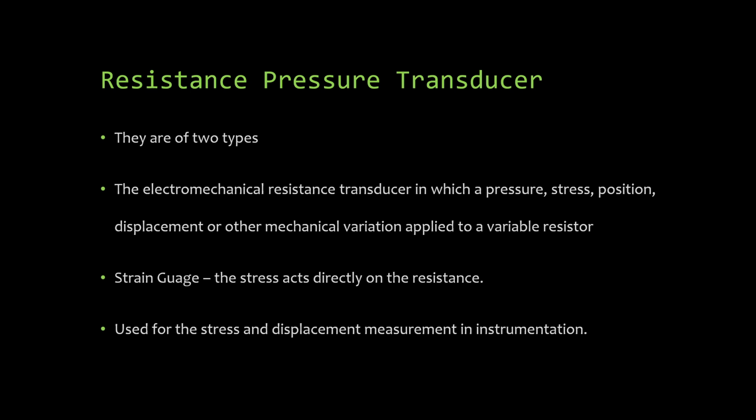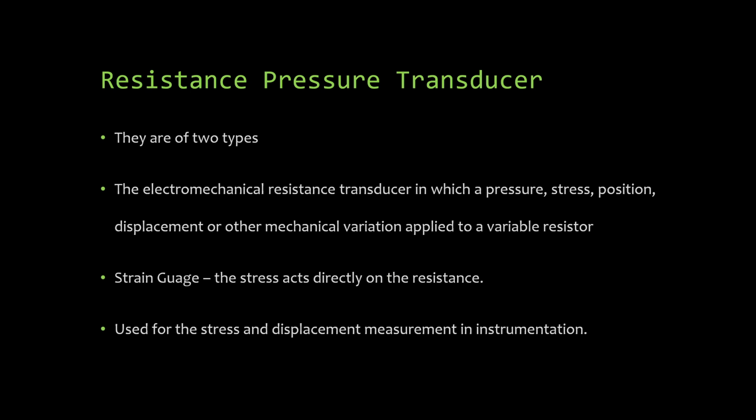The first one is the electromechanical resistance transducer, in which a change of pressure, stress, position, displacement, or other mechanical vibrations is applied to a variable resistance. The other resistance transducer is the strain gauge, where the stress acts directly on the resistance.